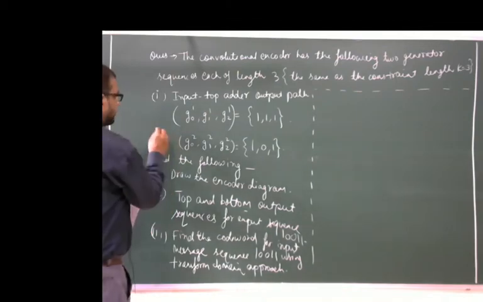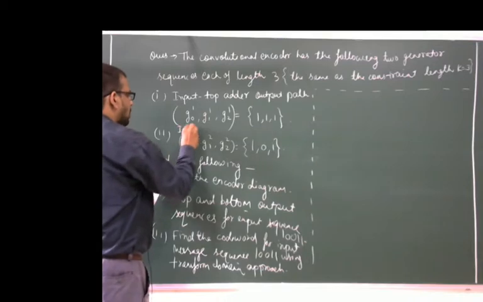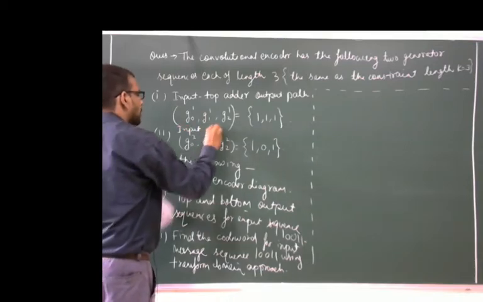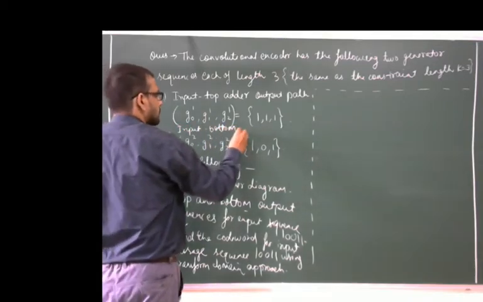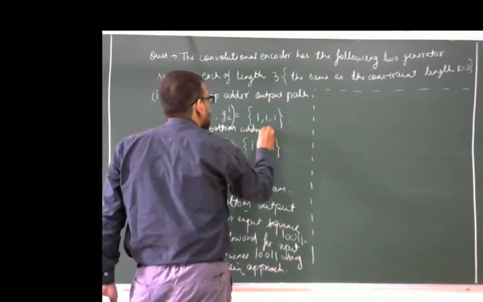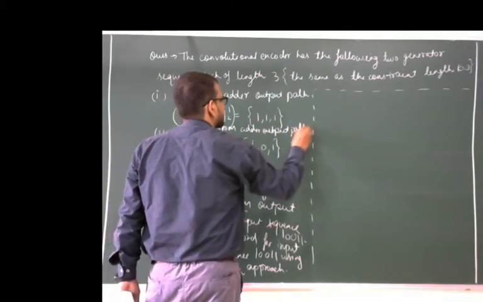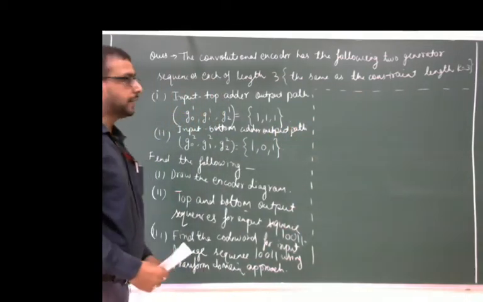And the second one is here also, that is input, bottom adder, output path. This is the complete numerical.